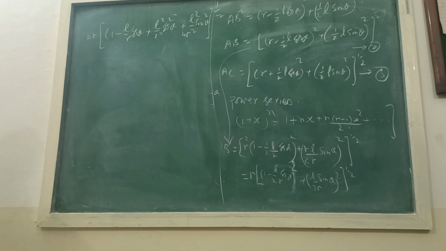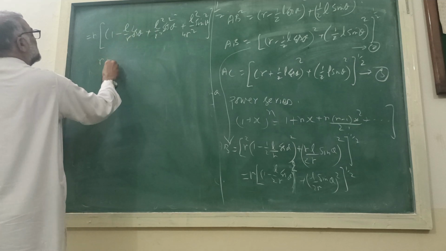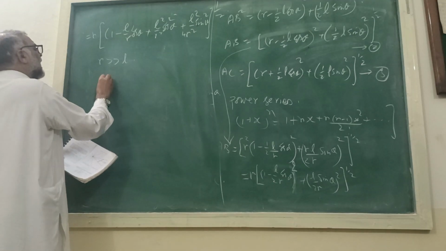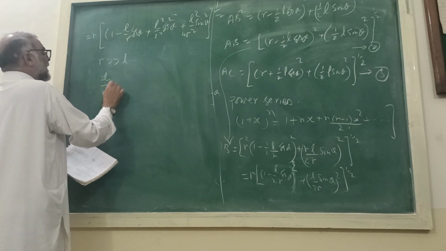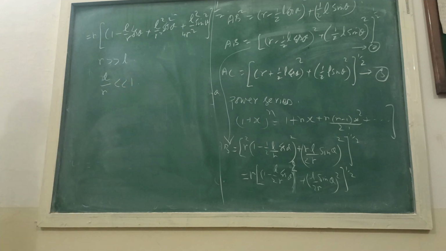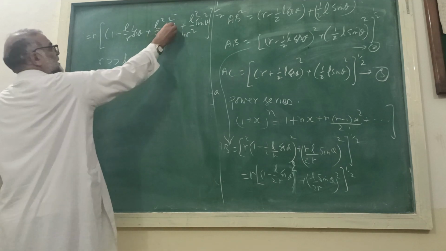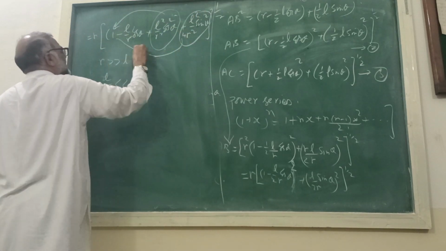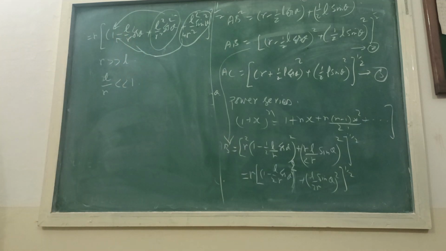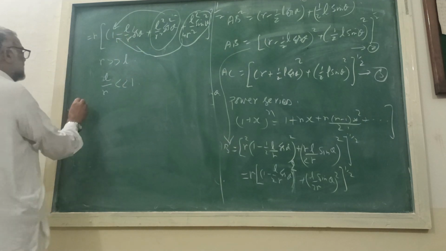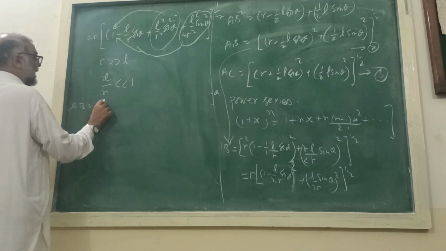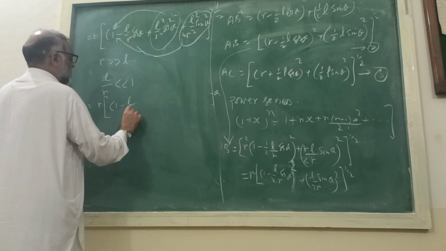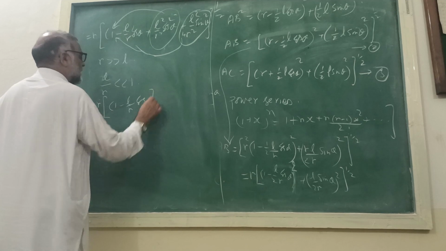See that? Yes. Where R square is very much greater than L. Therefore L over R is very less than 1. Therefore we neglect these terms compared with 1. See the three games? Yes, sir. So we can write AB is equal to R, 1 minus L over 2R cosine of theta, to the power 1 over 2.